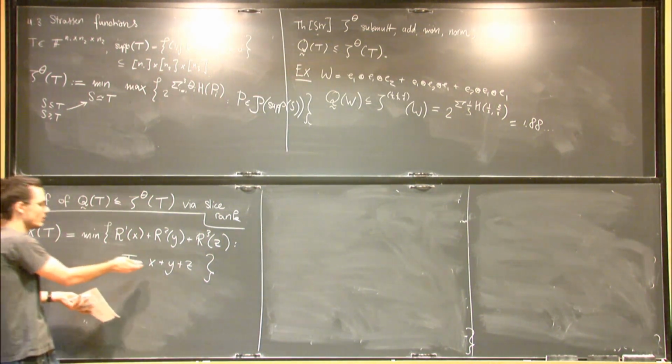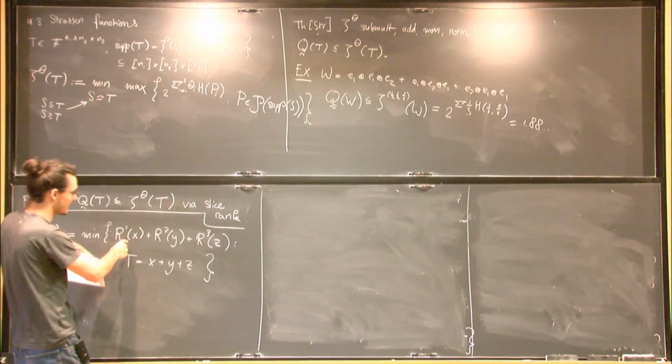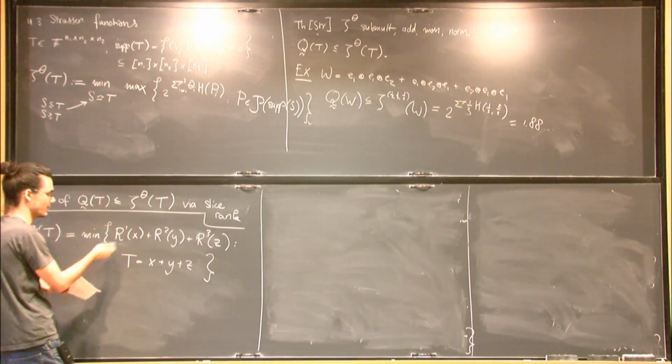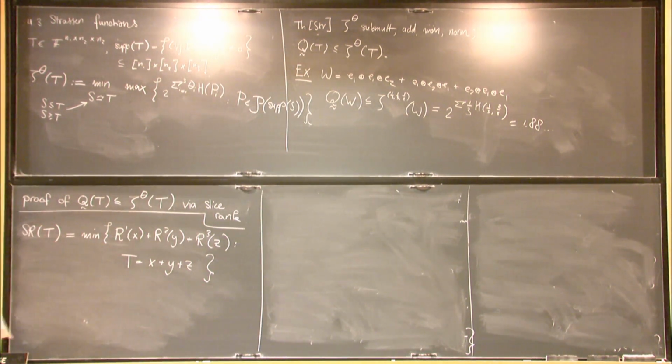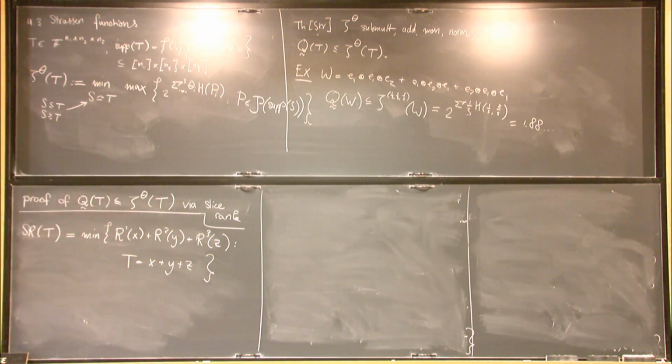I go over all tensors X, Y, Z that sum to T, not direct sum, just normal sum, so element-wise sum. And then I look at the sum of the flattening ranks. So for X, I take the first flattening rank, for Y, the second flattening rank, and for Z, the third flattening rank. And then you try to minimize this sum. That's the slice rank.